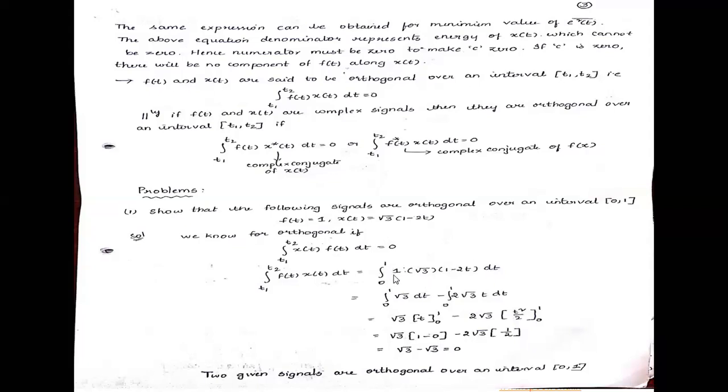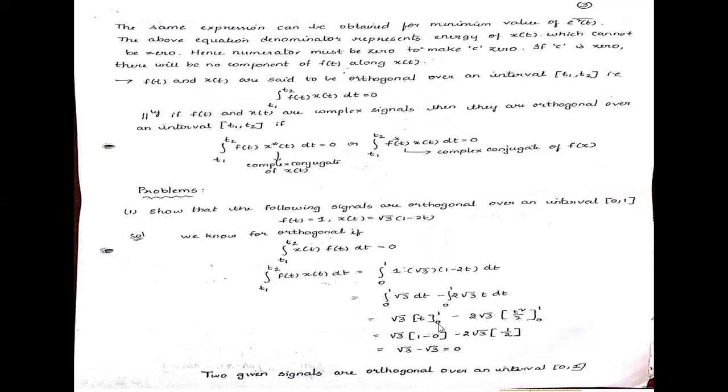Now 1 into this total function is root 3 minus 2 root 3 into t dt. You'll get two terms after simplifying this function. And we can split the integral also: integral from 0 to 1 of root 3 dt minus integral from 0 to 1 of 2 root 3 t dt. The integral of a constant with respect to t gives the variable, so the integral of 1 dt is t.